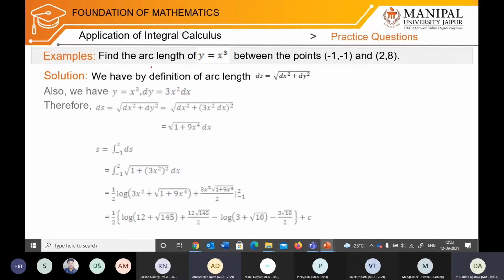For example, I need to find the arc length of y equal to x cube between the points -1 and 2.